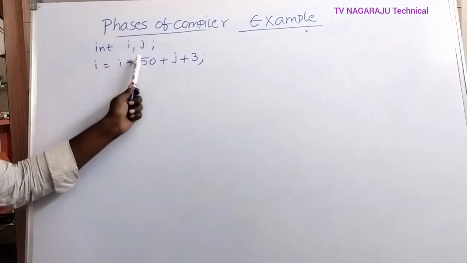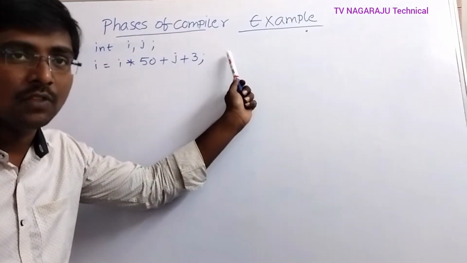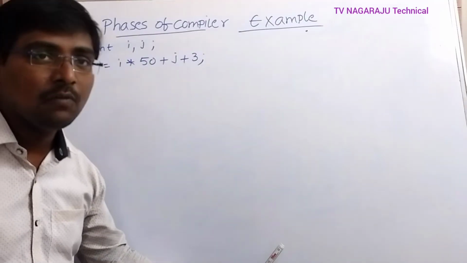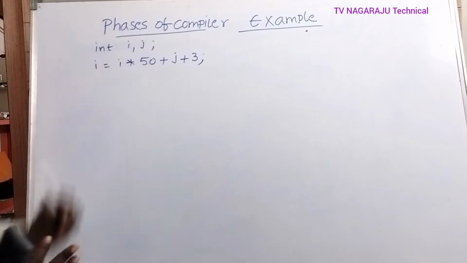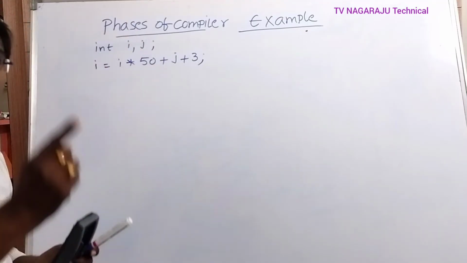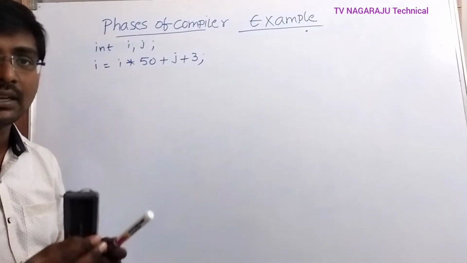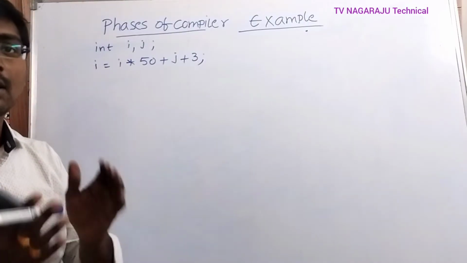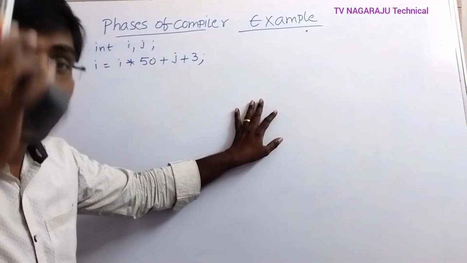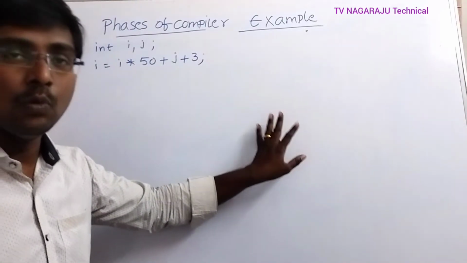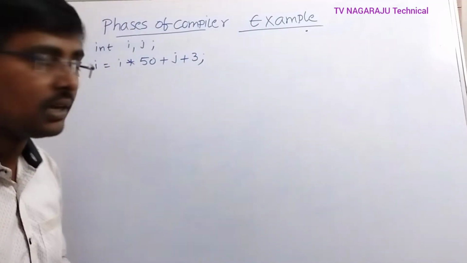Now, this source program is passed to all the 6 phases of the compiler, and what is the final output? That is our target. What are the 6 phases of the compiler? First one is lexical analyzer, second syntax analyzer, third semantic analyzer, fourth one is intermediate code generator, fifth one code optimizer, and finally sixth one is code generator.